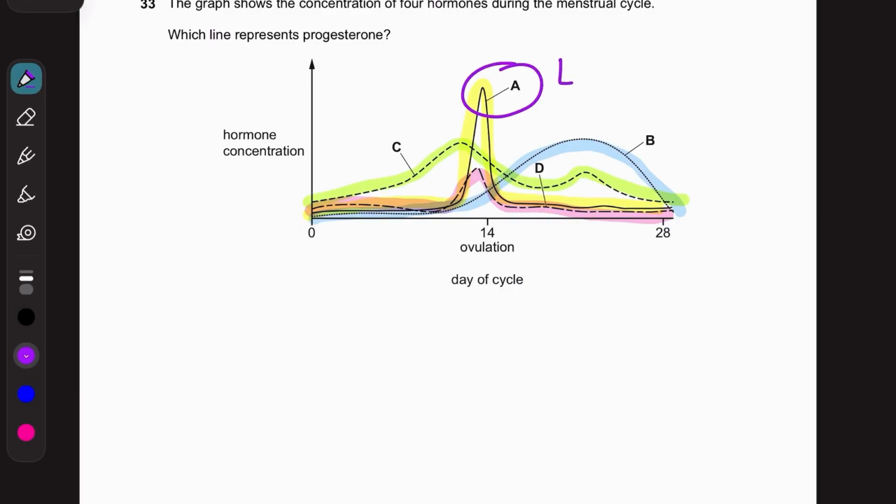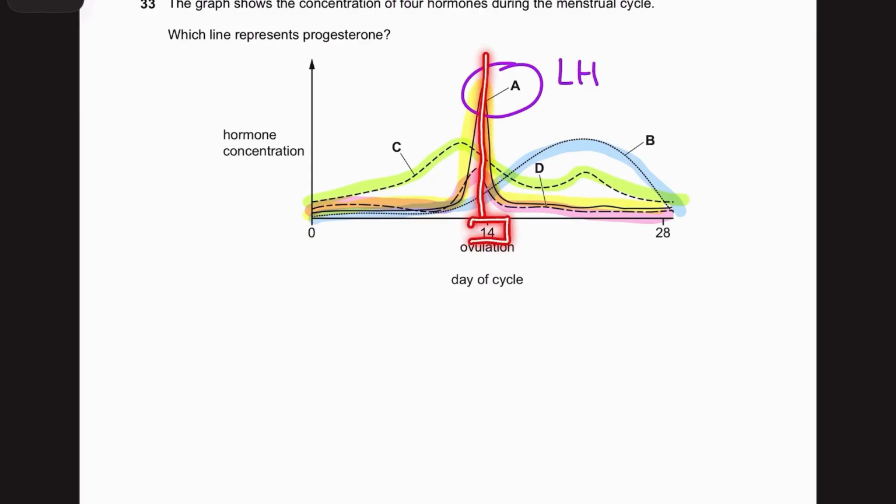So A is LH. That's because LH peaks around the middle of the cycle on day 14, and it coincides with ovulation. Remember, ovulation is when an egg is released from the ovary into the oviduct, and then it waits there for the sperm to come and fertilize it. So the sharp one at the very top is always LH.